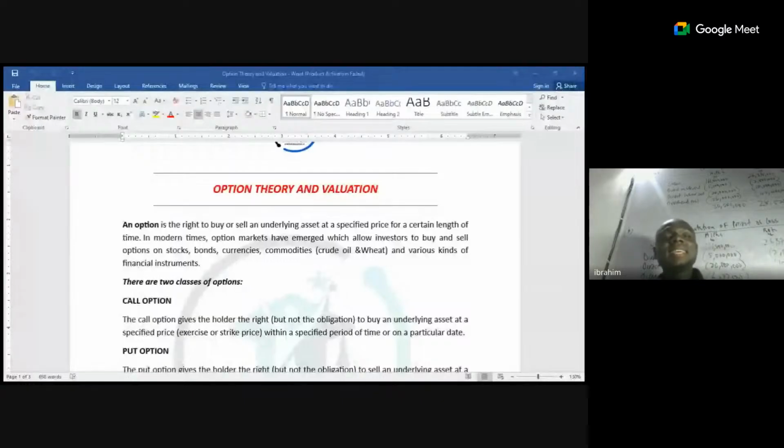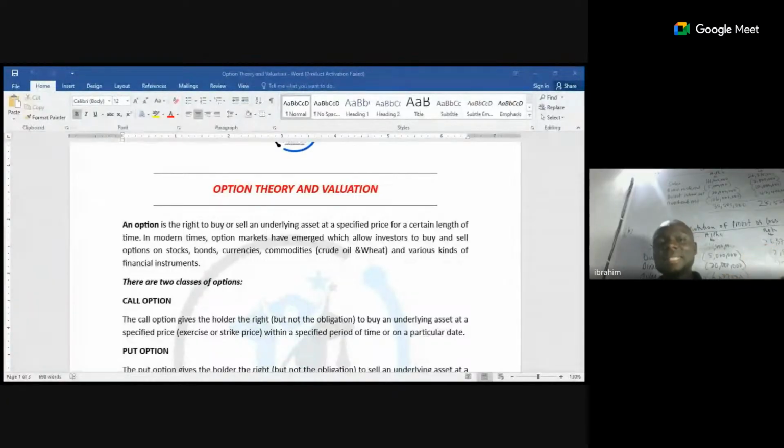It is a place where you hedge against the fluctuation of investment risk. We should not forget, in the capital markets where you have shares, you don't have hedging.